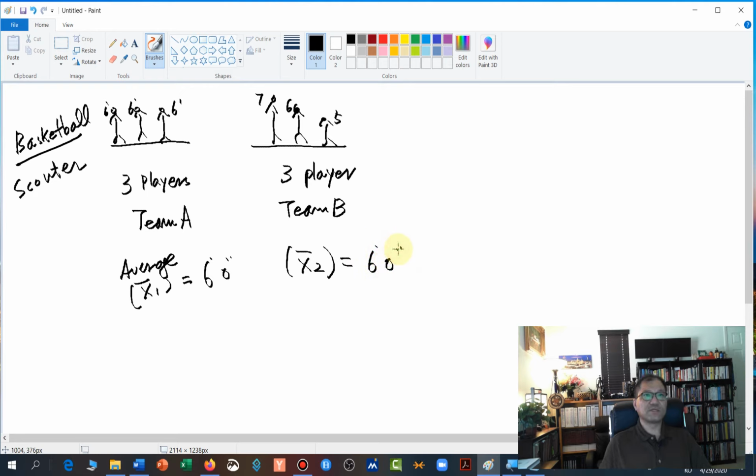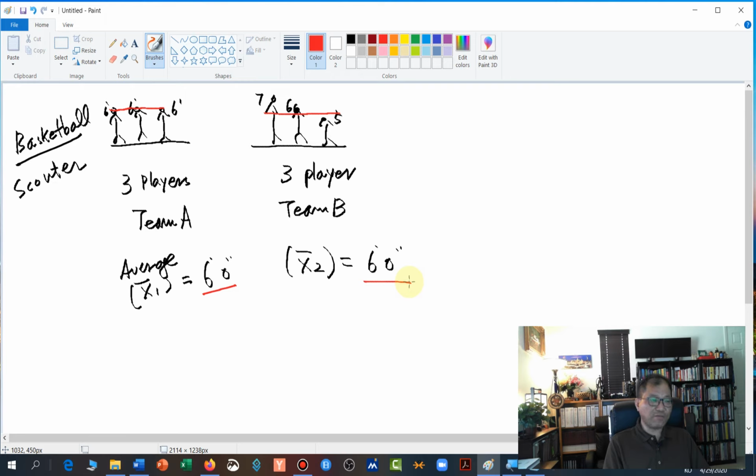Same, 6. So let me put the average bar right there. If you look at only central tendency, in terms of the value of average, team A and team B are the same, right? 6, 6. And you cannot make any decision.